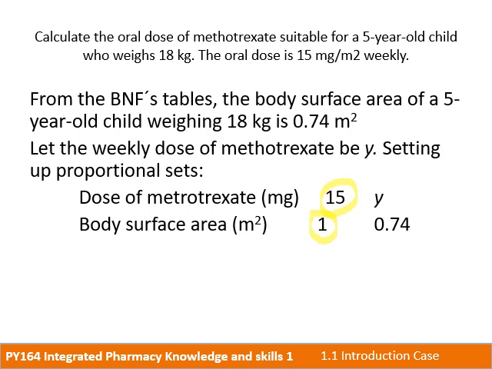So we know that our child is 0.74 meters squared, and what we don't know at the moment is how much that translates to.